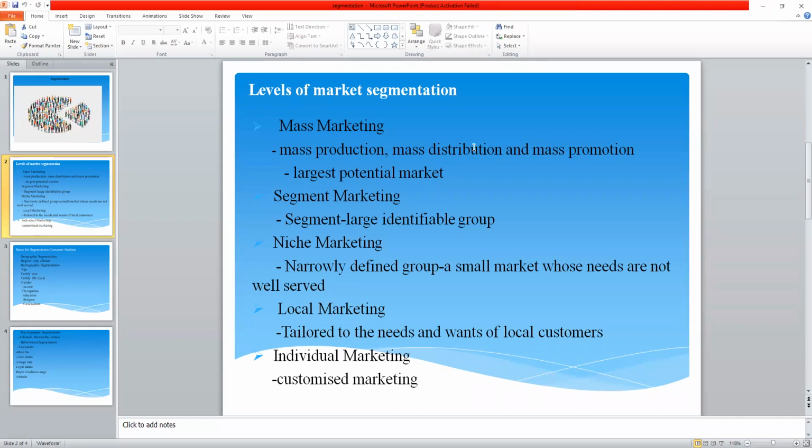Now here the product or the offerings are the same. The quality maintained is the same. So over time, it has been able to maintain its brand value.